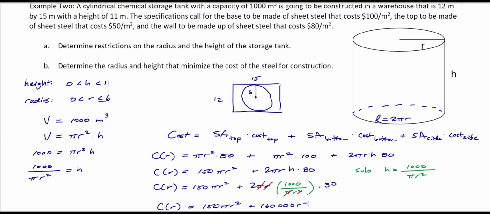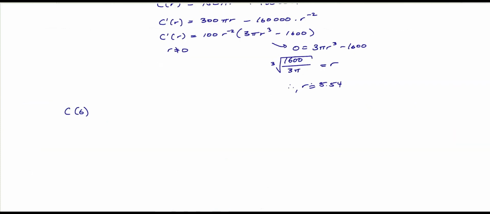If I look at the cost at 6, that's going to be equal to 150 pi 6 squared plus 160,000 all divided by 6. The cost if my radius was 6 is equal to $43,461.27.